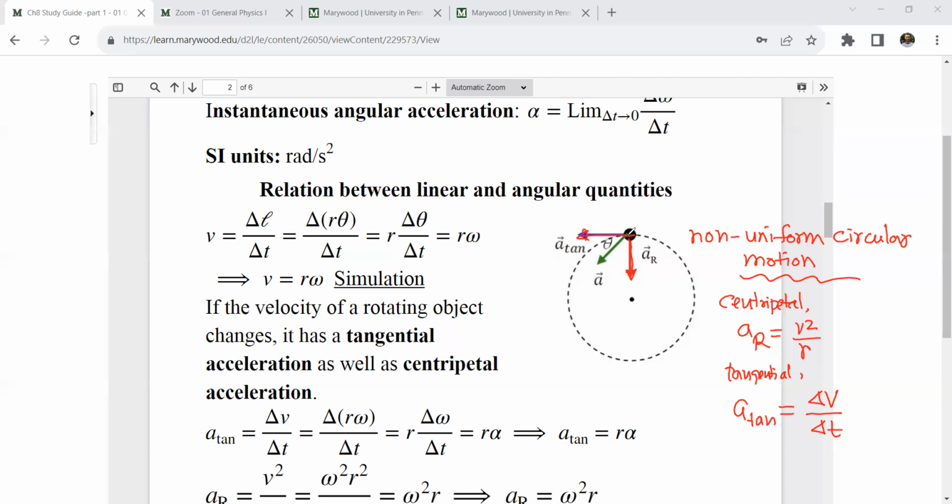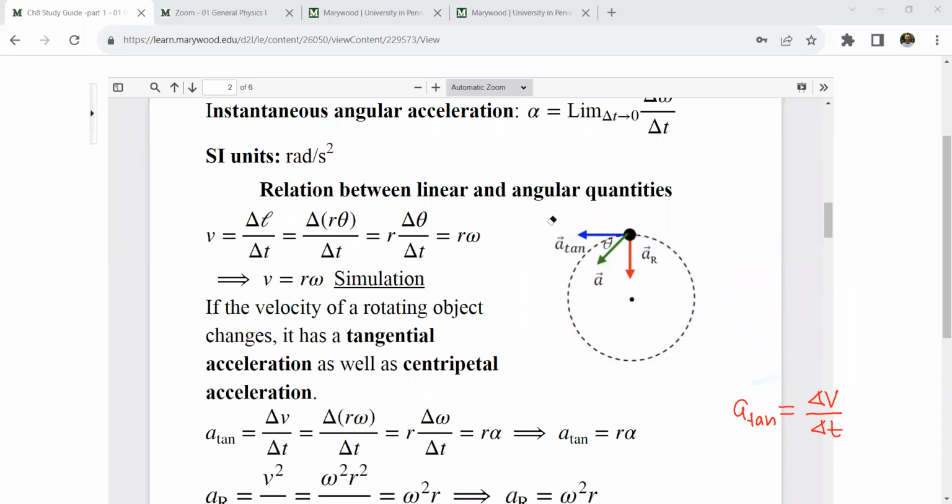Because we have two accelerations in any non-uniform circular motion, we should have two relations with the angular quantities. So now let's try to determine the relationship between a_tan and some angular quantities, and a_r and some angular quantities. Let's see what we get.